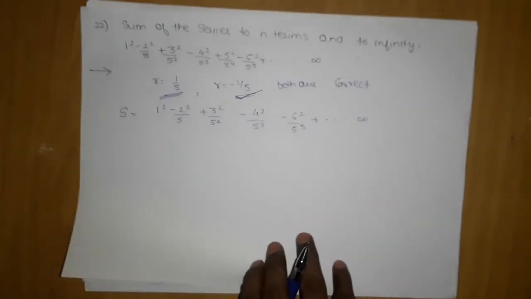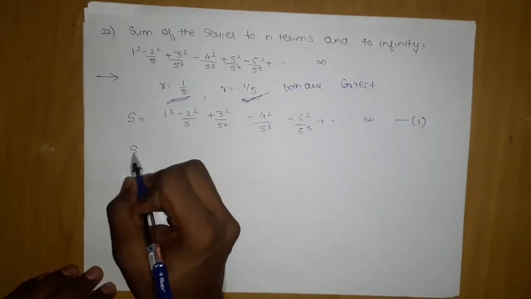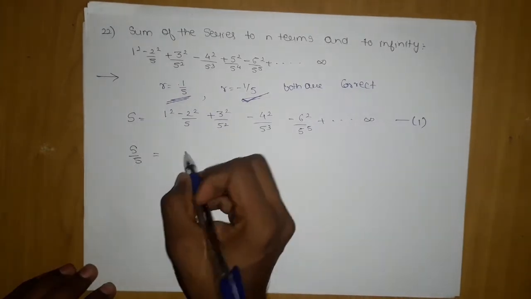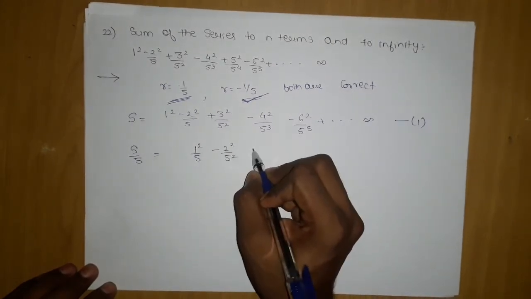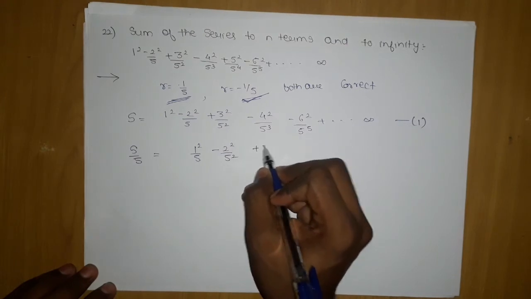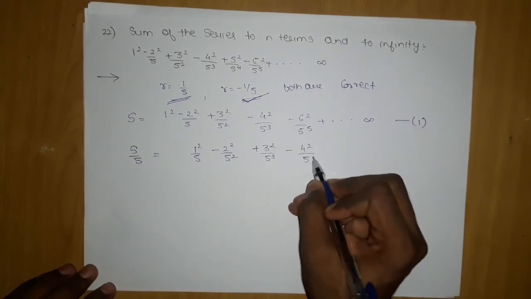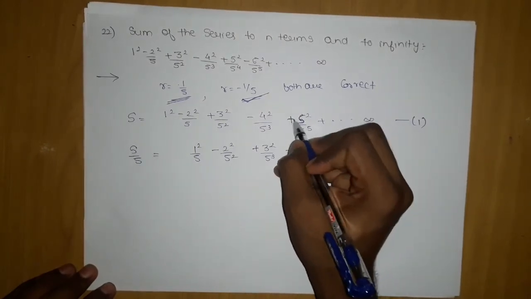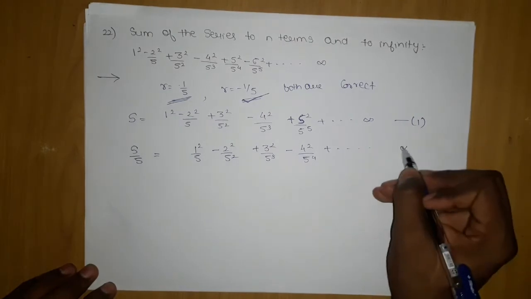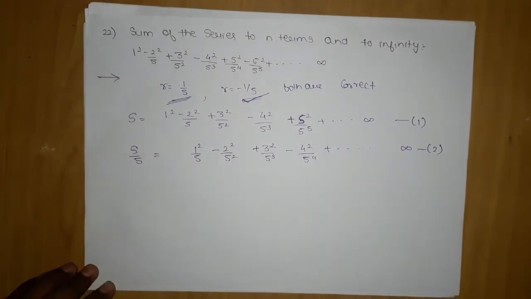So what we can identify, if I consider this as 1, multiply the next with 5, we can see 1 square by 5 minus 2 square by 5 square, plus 3 square by 5 cube, minus 4 square by 5 power 4, and so on till infinity, and we will call it as 2.